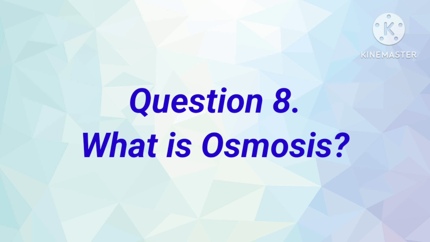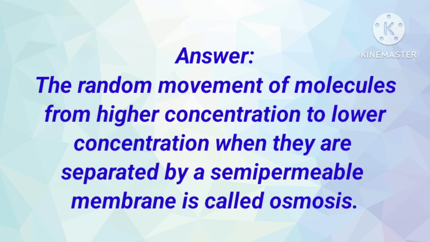Question number 8. What is osmosis? This is a very important question. Osmosis is the movement of molecules from a higher concentration to a lower concentration when they are separated by a semi-permeable membrane, where the important word is concentration.